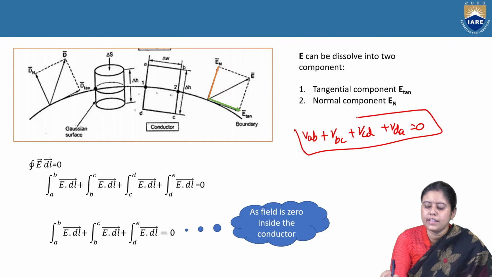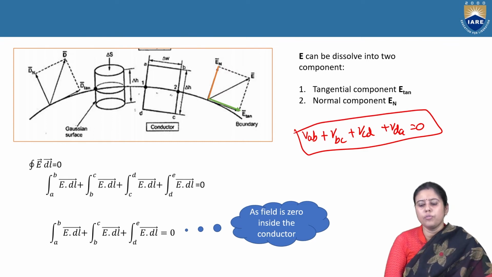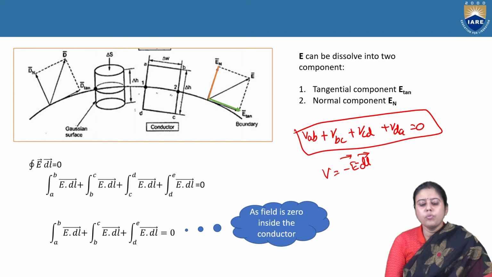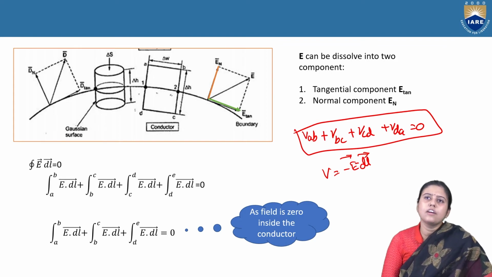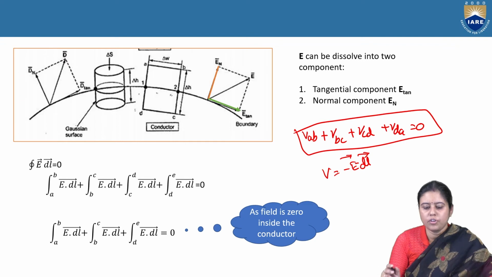This is the basic thing, that the potential across a closed path equals 0. What is the relation between potential and intensity? V is equal to minus E dot dl. So we can write E dot dl AB plus E dot dl BC plus E dot dl CD plus E dot dl DA equals 0.